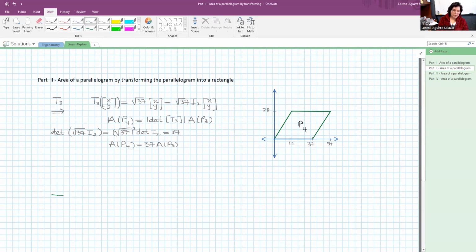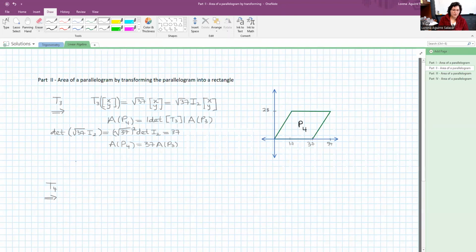Now we're going to apply a shearing transformation. It's going to be T4. T4 comes from applying a shearing transformation that is like the one going forwards but backwards.